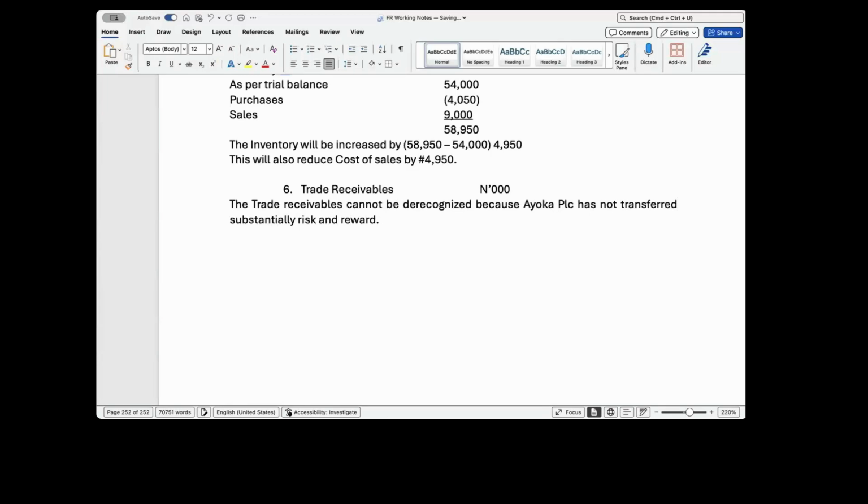So what we're going to do is recognize it back, the trade receivables of 15 million.